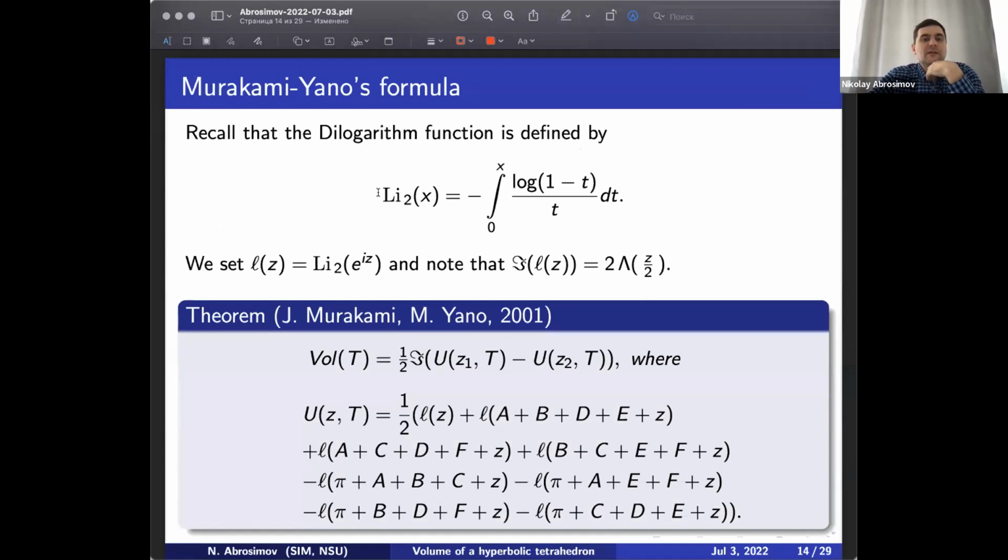So here is a Lobachevsky function, and the next theorem presents a Murakami-Yano formula for the volume of a hyperbolic tetrahedron, but I don't describe here the complex parameters Z, Z1, and Z2, because it would be too long and take more than 2 slides, I think.